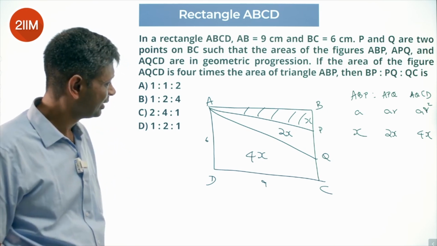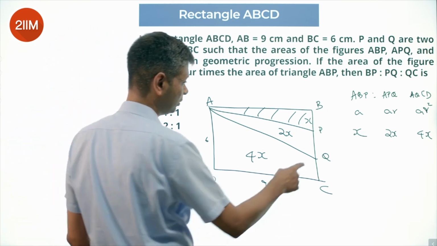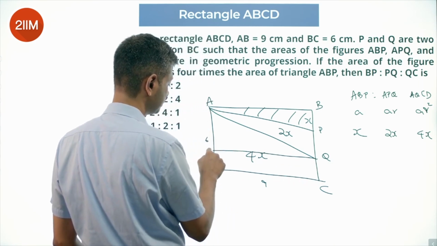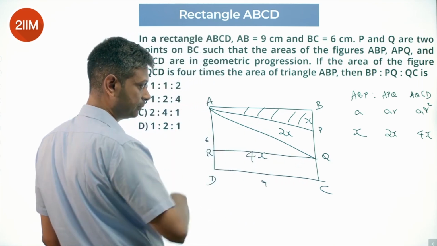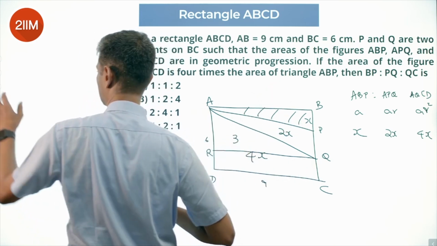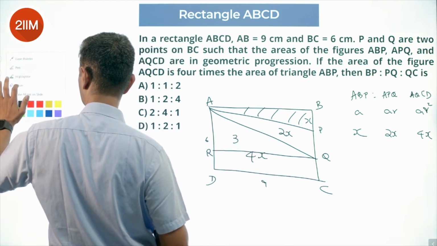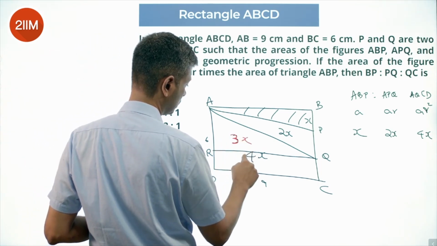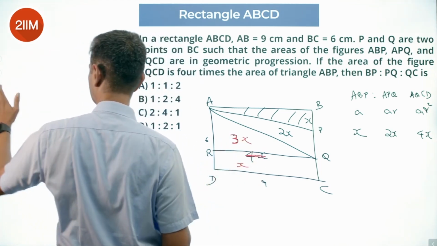What am I going to do? I'm going to draw a line QR parallel to AB. ABPR is 3x. This area should be 3x, and this area should be x.